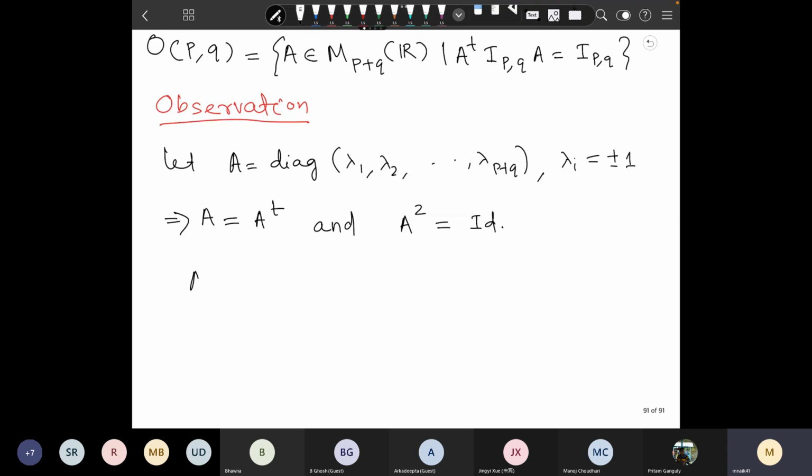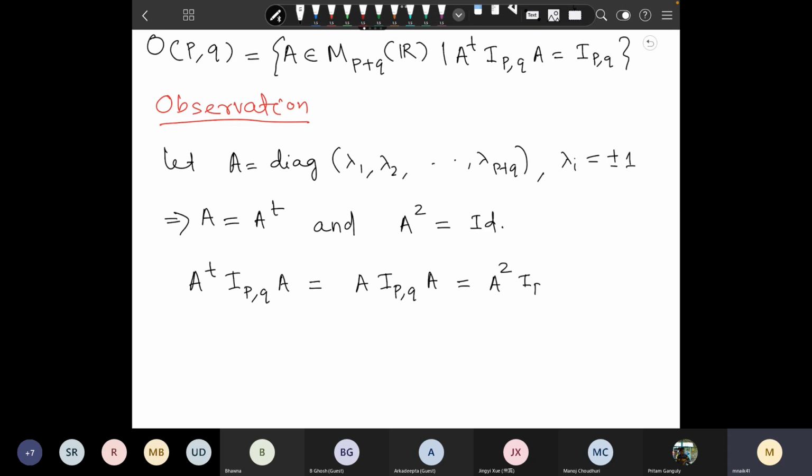Now if I look at A transpose I_{p,q} A, since A transpose is equal to A, this is A I_{p,q} A. A is a diagonal matrix and I_{p,q} is a diagonal matrix, so these will commute with each other.